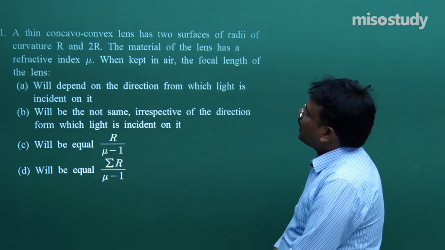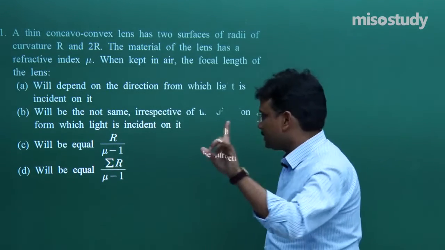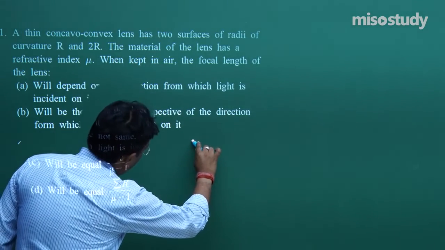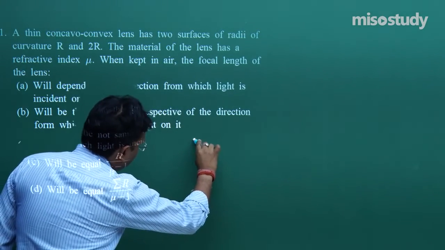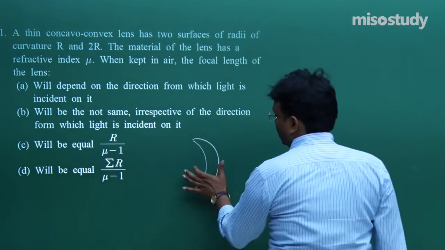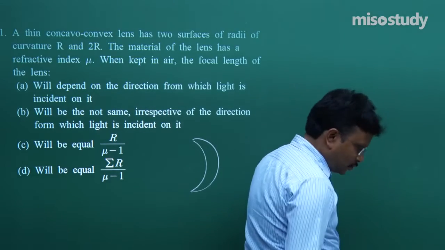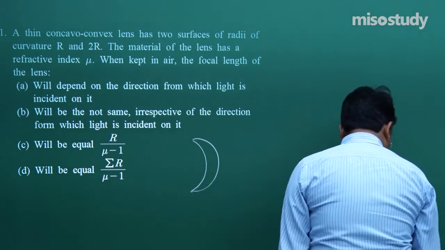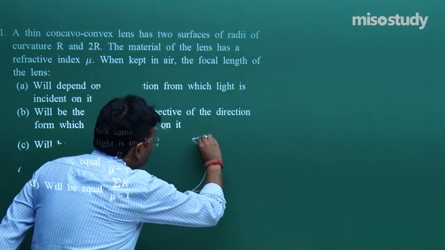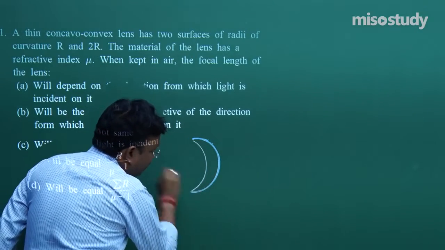A thin concave convex lens. Just give me a second's time. This type of lens, fine, concave convex. I think I should use a different color chalk, let's say this blue color chalk, so that it will give you clarity.